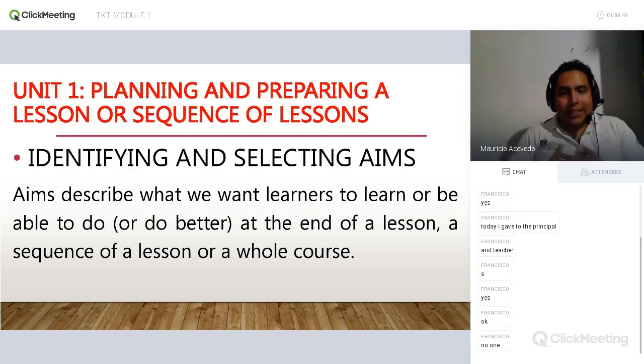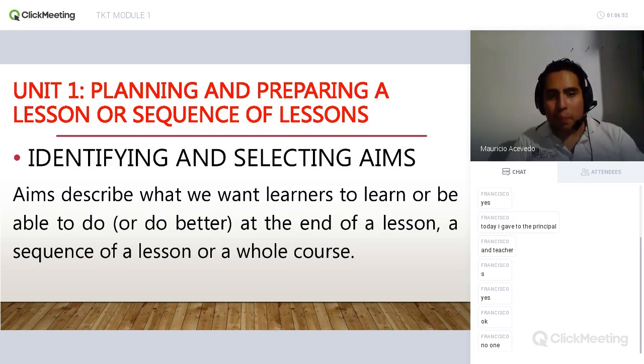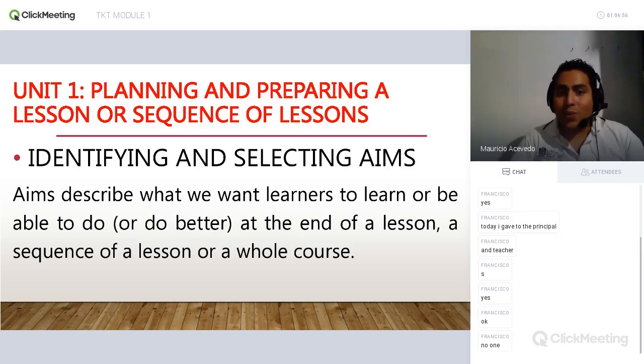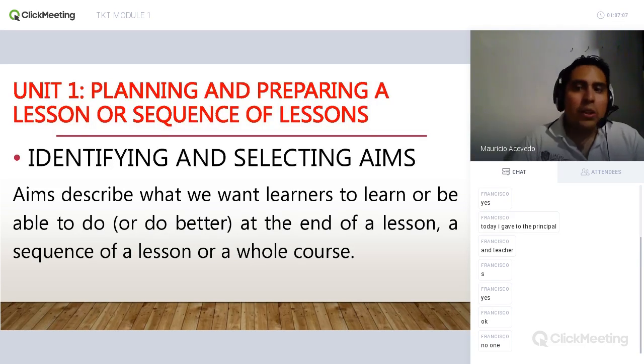For example, in my case with the TKT, my aim is that you develop your skills, your strategies, that you know the basic concepts in order to pass your TKT exam, module 1, 2, and 3. That's my aim. And obviously that will also be your aim at the same time. Remember, aims have to do with teachers and students. Okay, so now let's go with the next. I hope this is clear, Francisco.